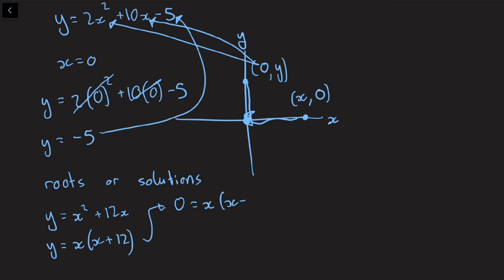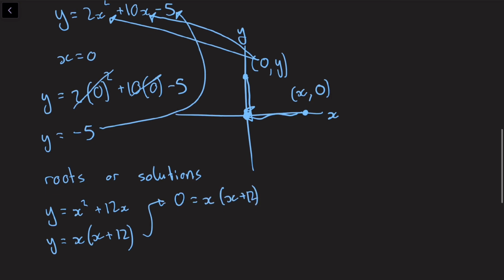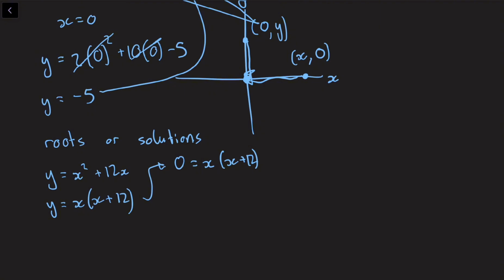So x times x plus 12 equals 0. Now we have to split these apart. Take the x and make it equal to 0. And we can take x plus 12 in the parenthesis and also make that equal to 0.